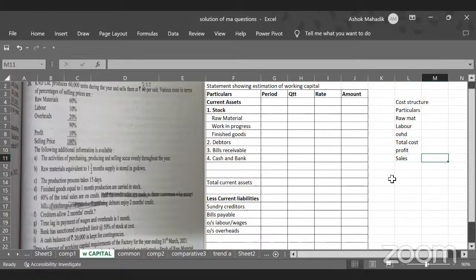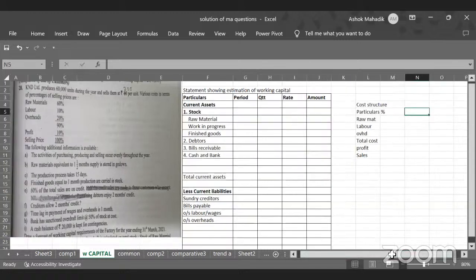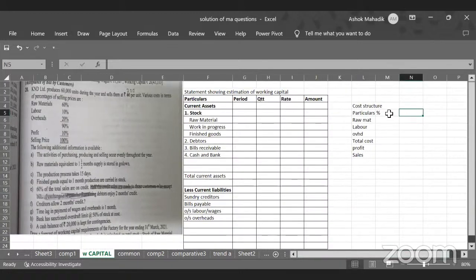Now they have provided us percentage, but we want in rupees. Is this clear what we have to do? They have provided us cost in percentage, but we want in rupees, in value. So here I'll make one rupees column.